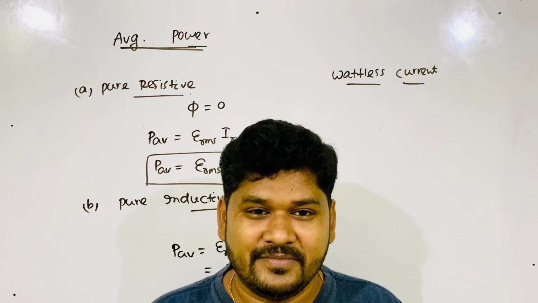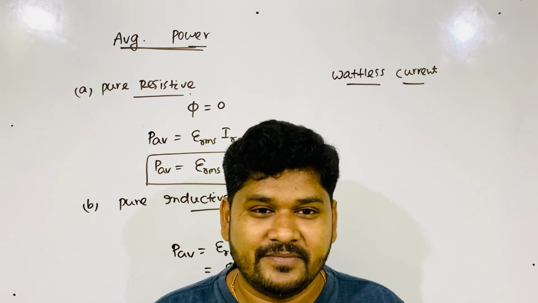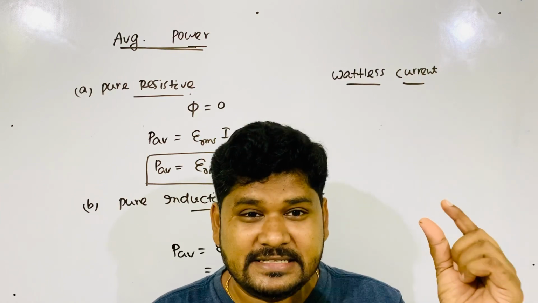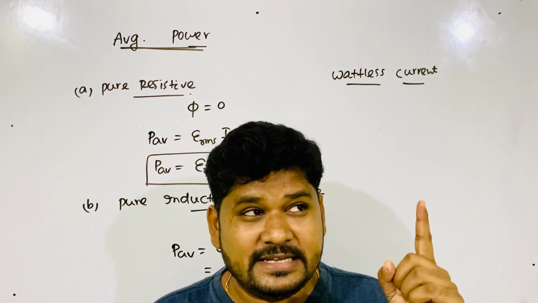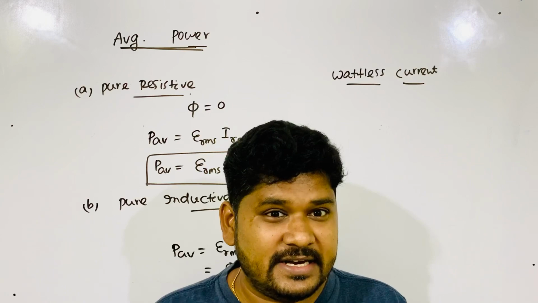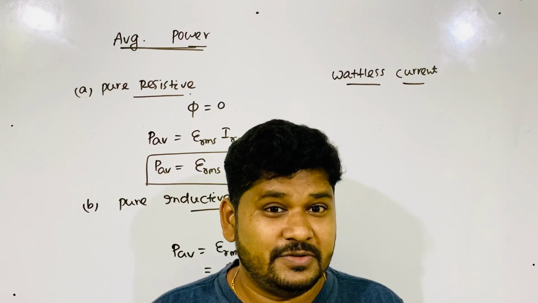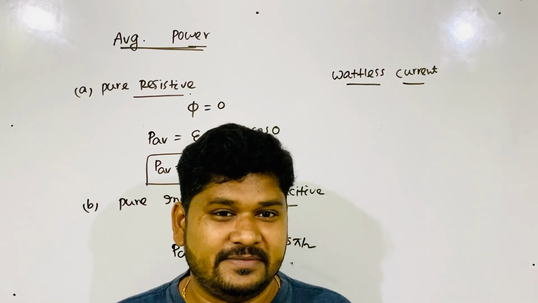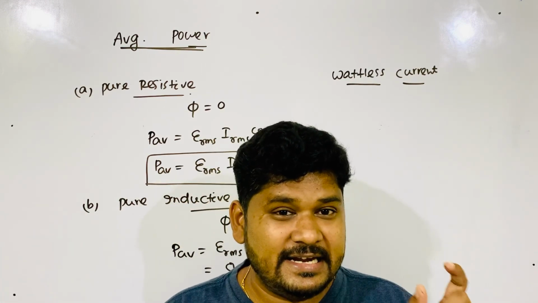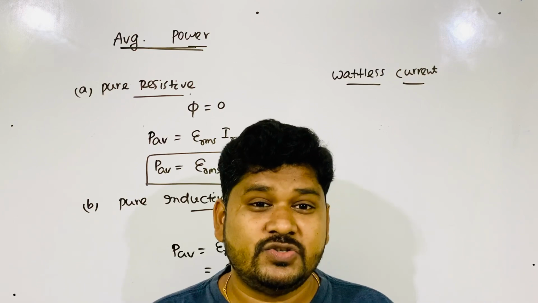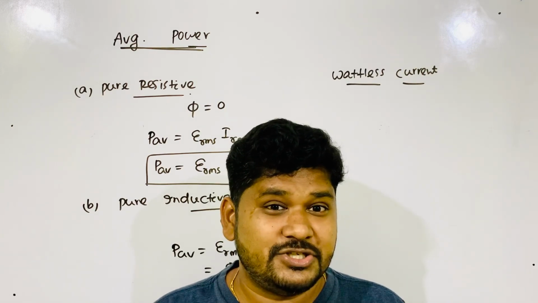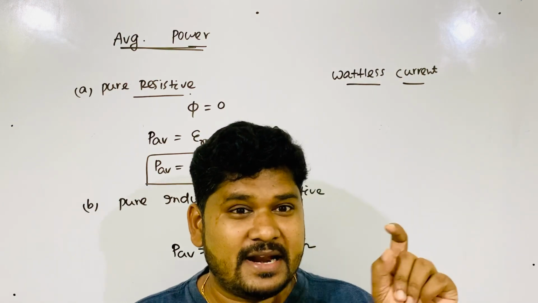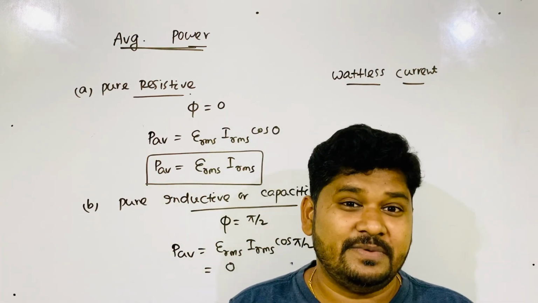Coils mean inductors. Is there a tube light in your room? The tube light is a resistor. But is there any choke coil in the tube light circuit? You must have heard this name, choke. The choke is an inductor; its inductive coil is called a choke. That consumes no power. But your tube light bar consumes power because it is a resistor.